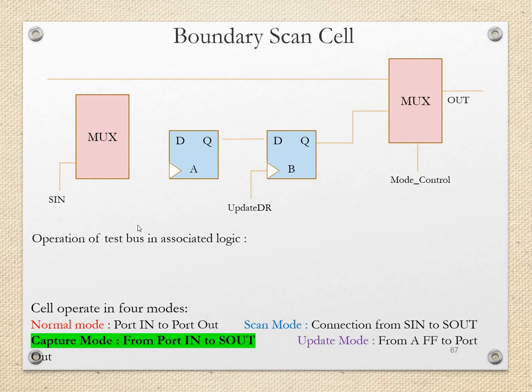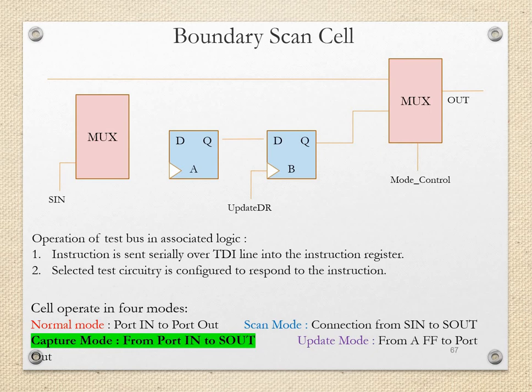We will see the path and which control signals are required. So again the same operation steps will be followed. Data is taken from input IN and run through the multiplexer.